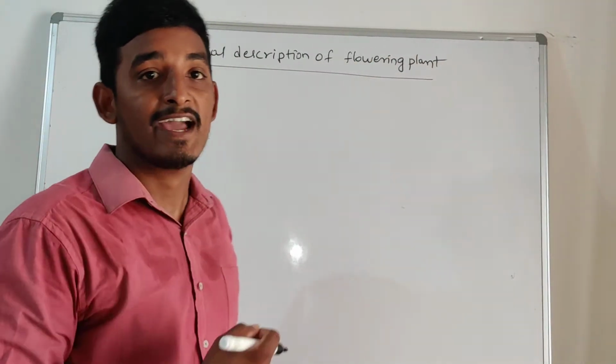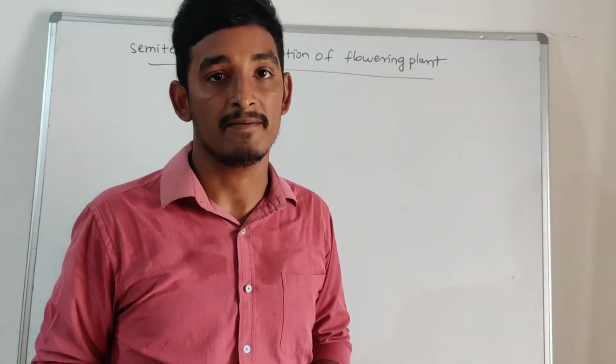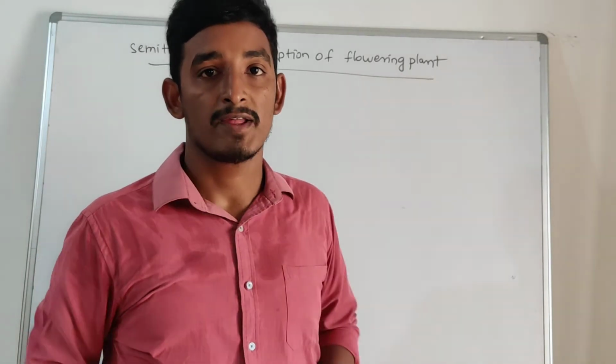If you want to describe a flowering plant, you should give all those details in an ordered way. So what is the order to describe a flowering plant?